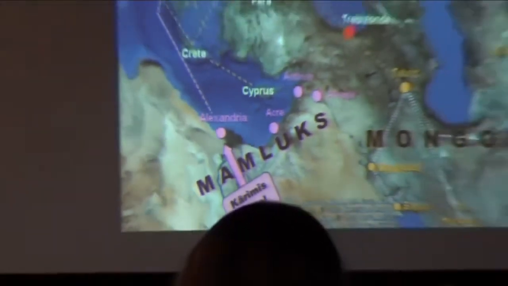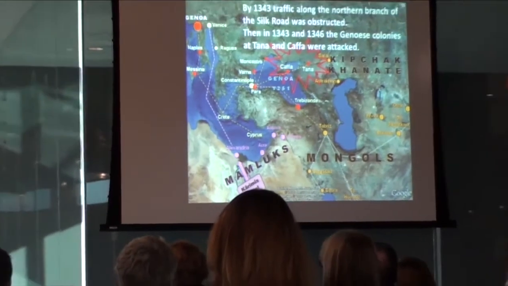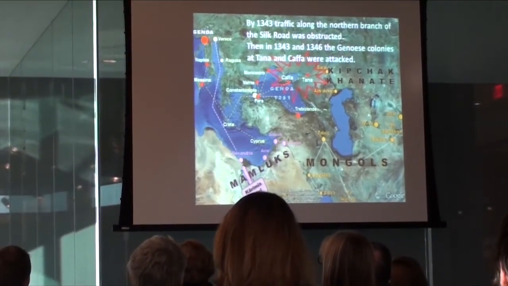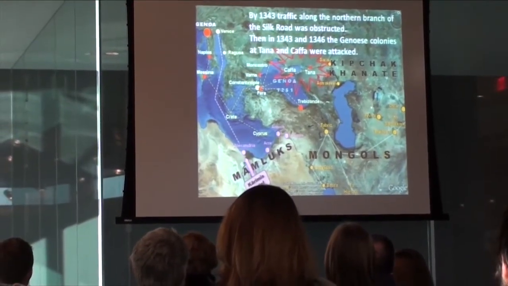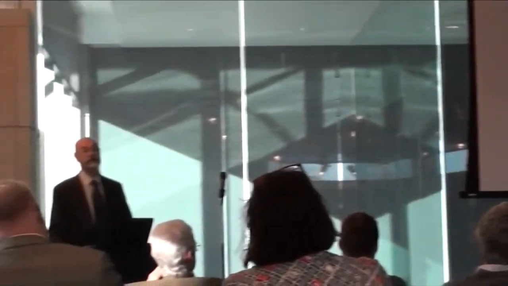By 1343, traffic along the northern branch of the Silk Road was obstructed and in effect stopped. That's this branch here, it just fades away, and so it's only the southern branch coming out of Trebizond here that remains. And then, more seriously, in 1343 and 1346, that date again, the Genoese colonies at Tana and Kaffa were attacked and besieged.